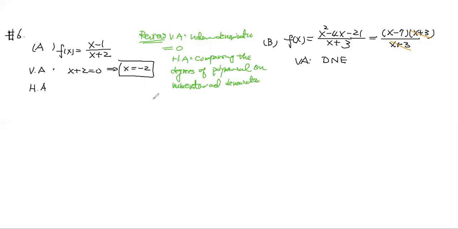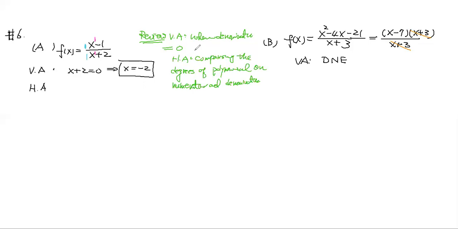Okay, so in here, let's take a look. For A, this is x minus 1, so I know this degree is 1. This degree is 1, right? Based on what we learned before, if the degrees are the same, then it will just be the ratio of the leading coefficients. Because these are x's, I know my leading coefficient here is just 1, and here is just 1.